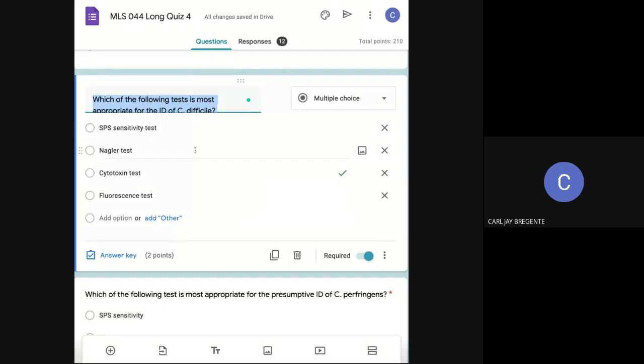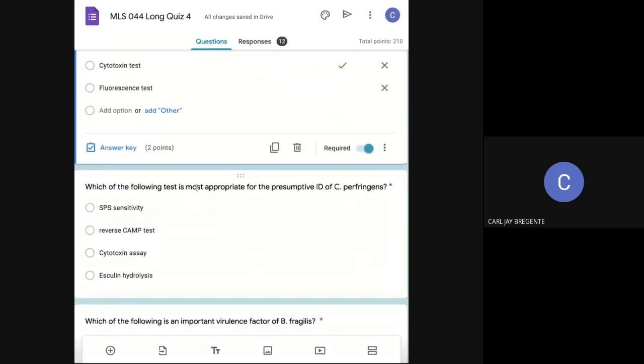The Nagler test is not being done. The fluorescence test is also not being done for C. diff. So it is cytotoxin testing. That is why in the laboratory, if the patient is suspected of C. diff, the laboratory performs serologic EIA testing or ELISA to determine whether the toxin is A or B.